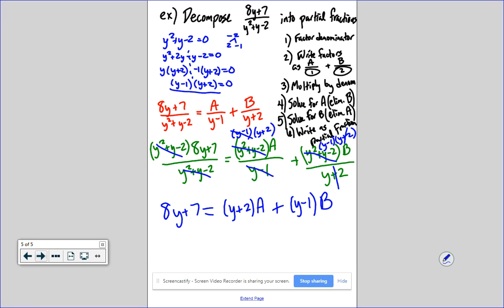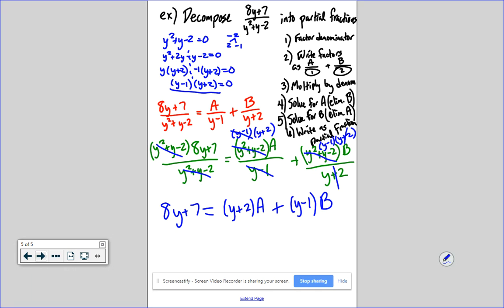Don't let the mass amount of stuff written here confuse you. Y squared plus y minus 2 is really just y minus 1 times y plus 2. So I multiply by both factors. I look at what factor is left on the bottom: y minus 1. So that factor is going to cancel off of top and bottom, and all that's left is the y plus 2.